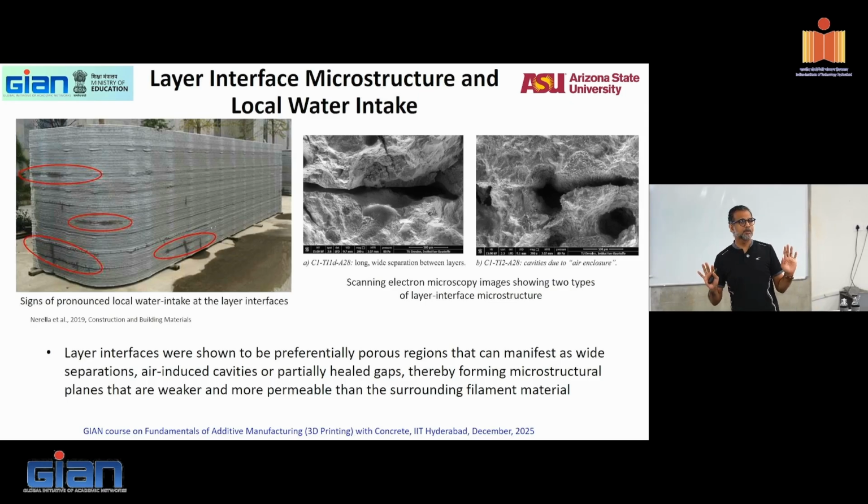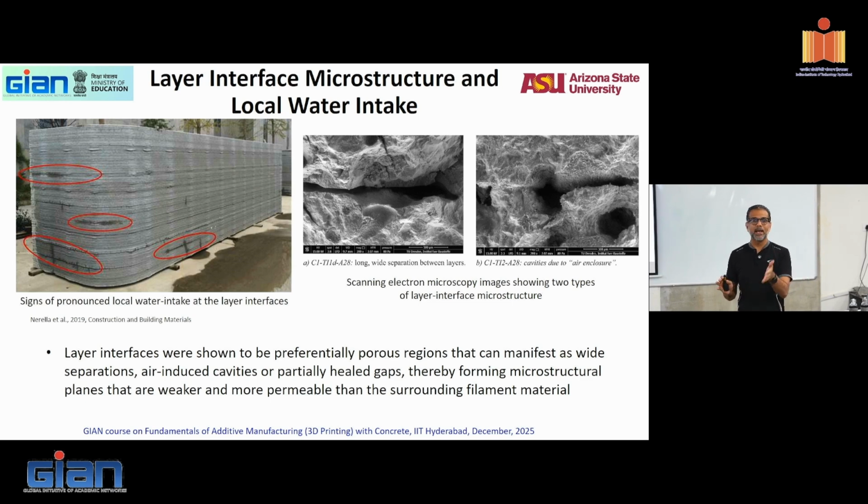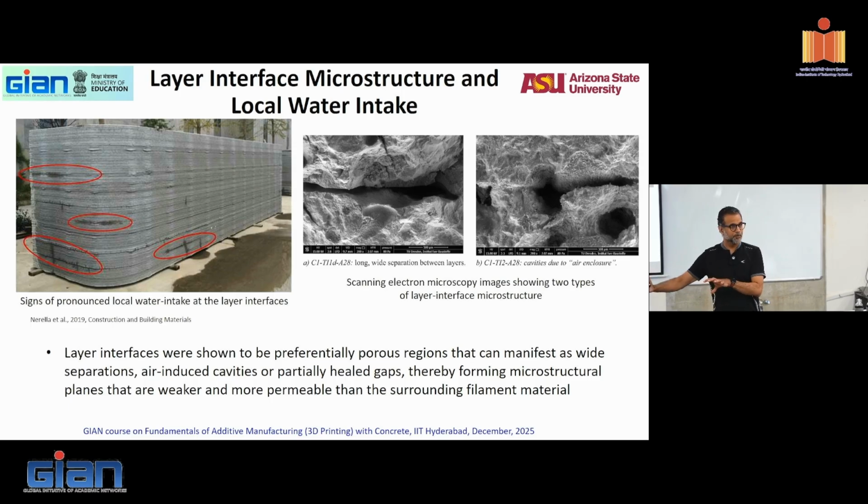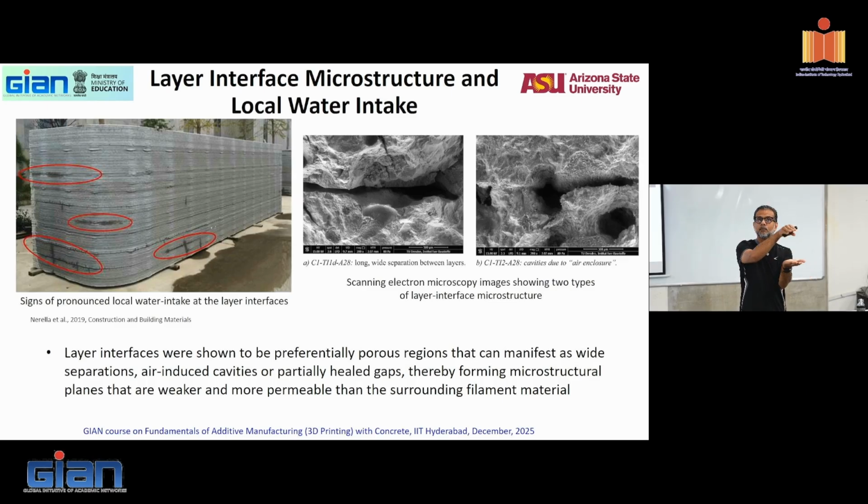Again, going back to the same idea, you will have an interface that is effectively weaker, and I have explained 10 different reasons why that is so, both from an extrusion point of view, as well as what happens when you layer materials one on top of the other, both in a vertical direction and arranging filaments horizontally.